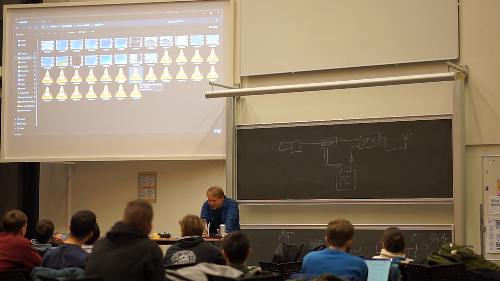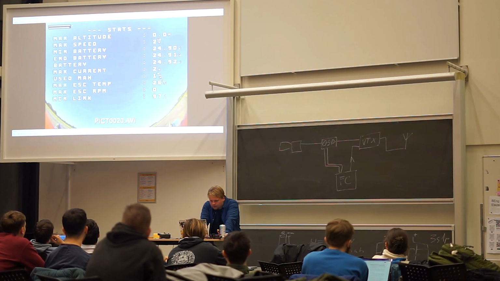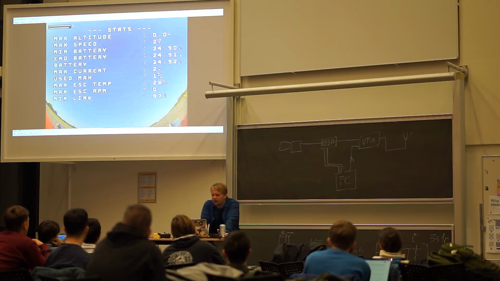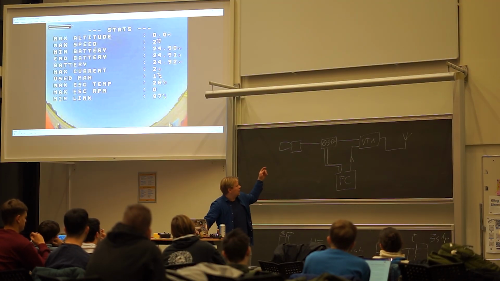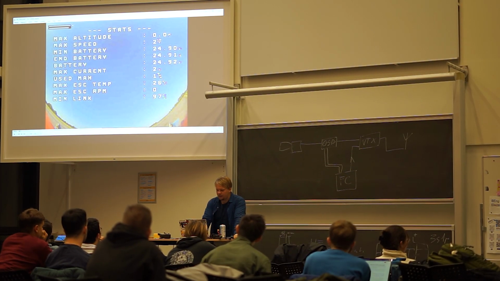So here you can see some examples of the OSD working and stuff like that. So the white text that you see, that is the OSD chip printing stuff on the analog signal, and then you get that signal to go to the VTX, pass through there.